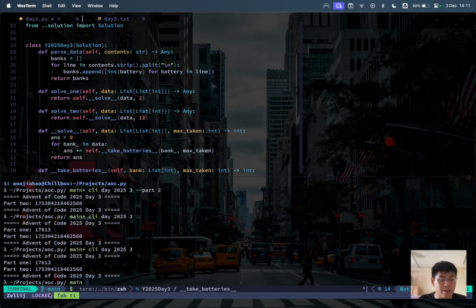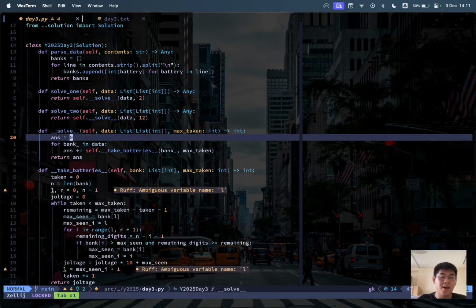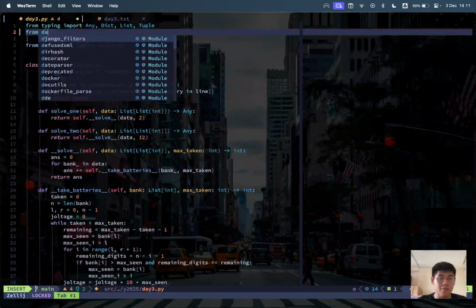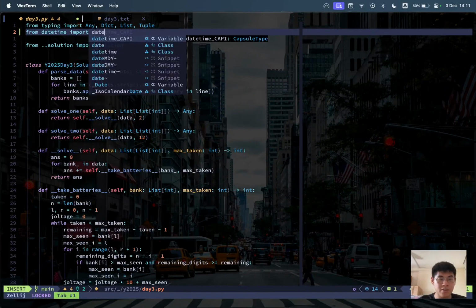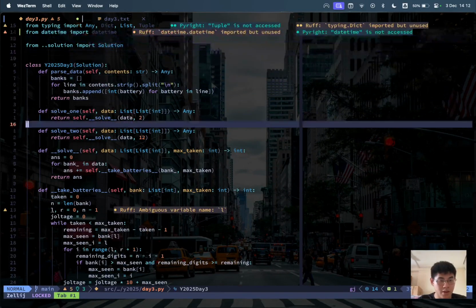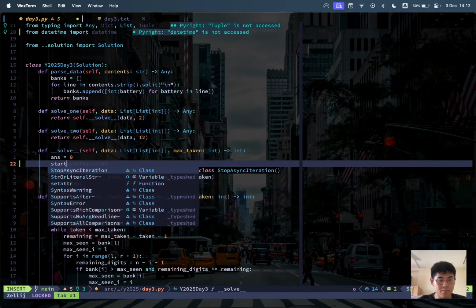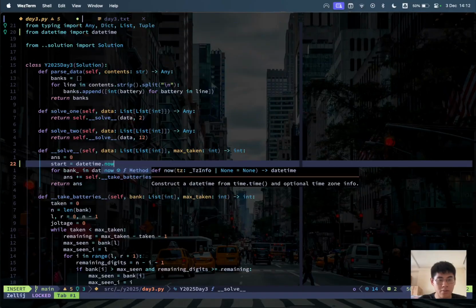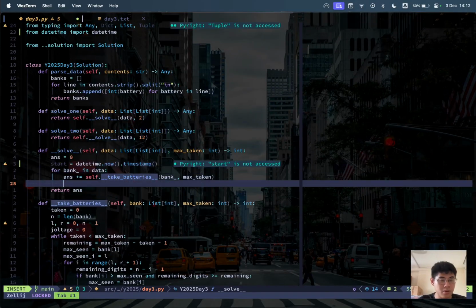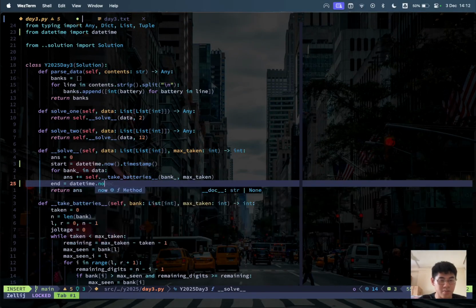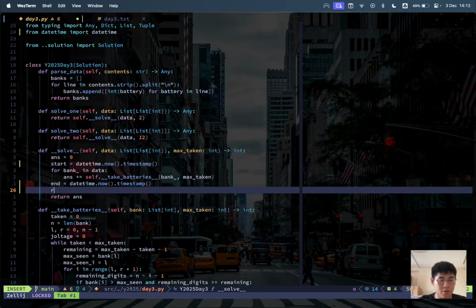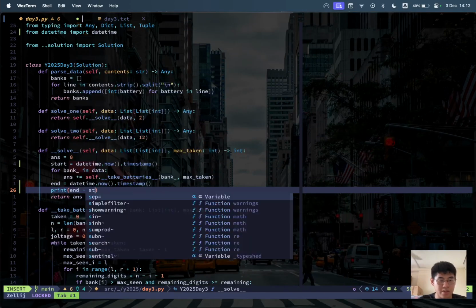I guess we didn't show it here, but you can see that the algorithm runs relatively quickly. If we do a from datetime import datetime, and we do a start time, datetime now timestamp, and an end, which is the datetime now timestamp, we can print the end minus the start.